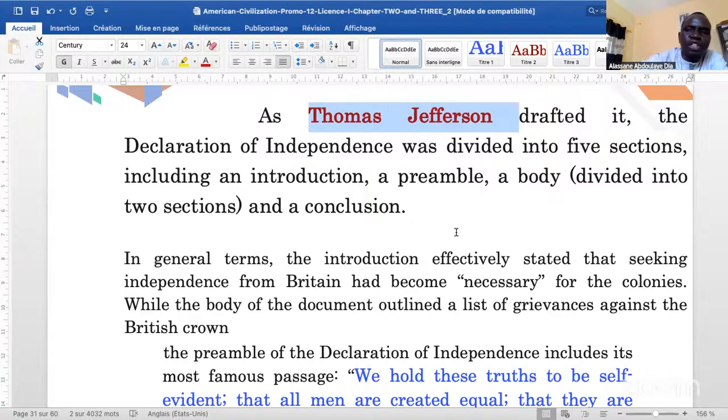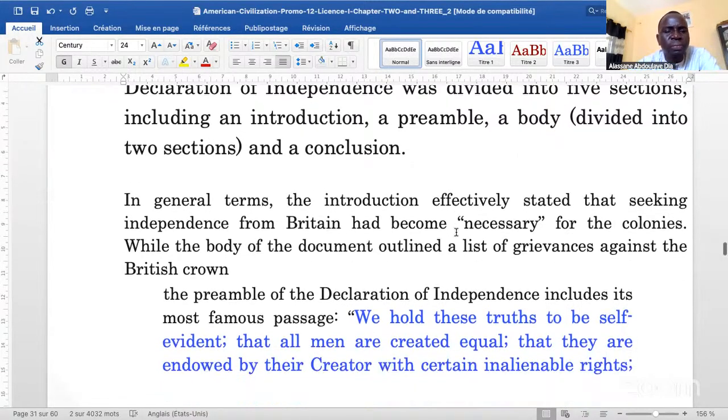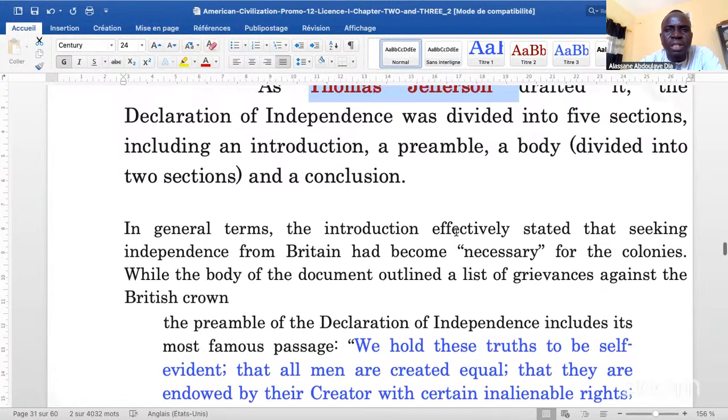So as Thomas Jefferson said in the Declaration of Independence, it is a political document that upholds the sovereignty of America as a state. The Declaration of Independence is divided into 5 sections. You will find an introduction, a preamble, a body divided in 2 sections, and a conclusion.